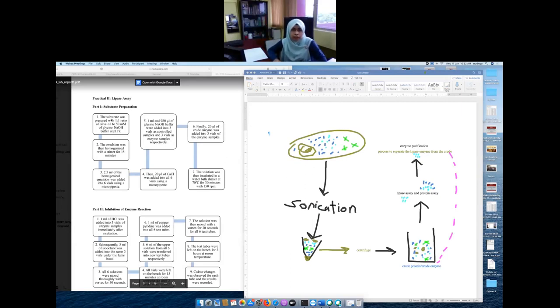The substrate, what do you have inside the substrate? You use olive oil. Inside olive oil, we have free fatty acid, and in that free fatty acid we have a lot of oleic acid.